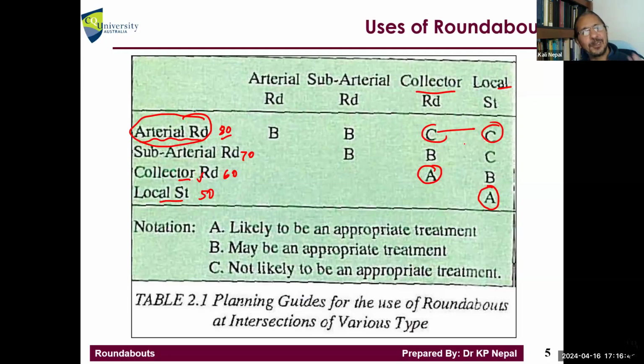And then a lot of queue happens on the minor road. So please check this slide. When you design the roundabout or suggest roundabout changes, always look at how much is the speed of the 4 connecting roads, and what the volume is. So we need to see where the best location is, that's given here, right? A is the best solution. B is okay sometimes, but C is not that okay. Is that good?